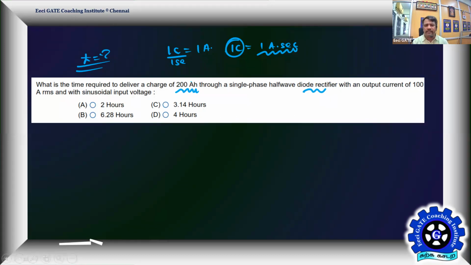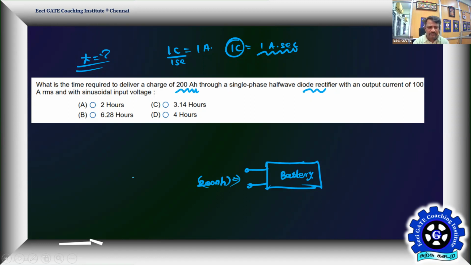Assume the charging device is a battery. You are charging a battery, and the charge of 200 ampere hour has to be delivered to this battery.